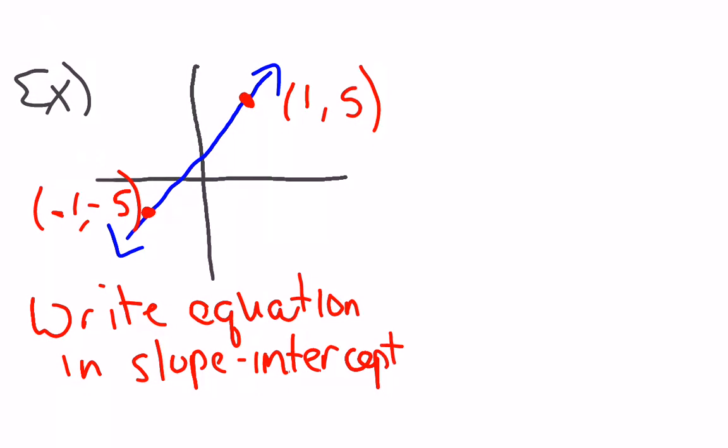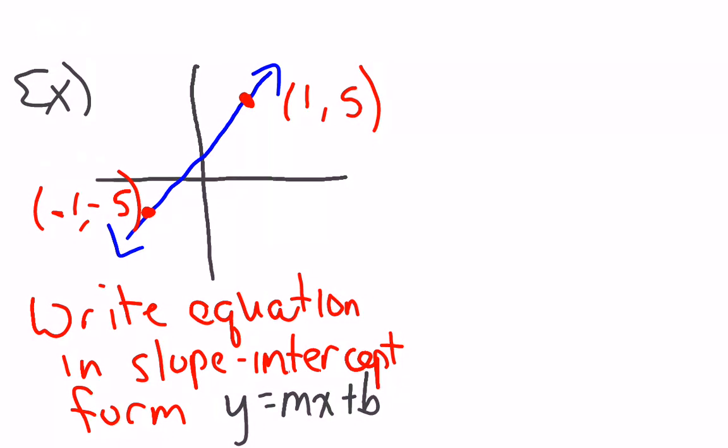So we have to remind ourselves what is slope-intercept form. And so slope-intercept form is the format y equals mx plus b. So basically we have to get it into y equals format. Okay, so they've given us 2 points.